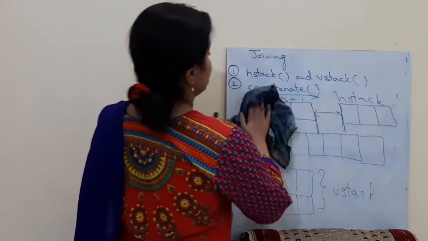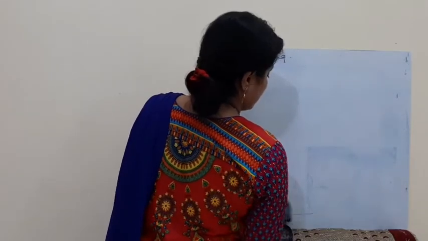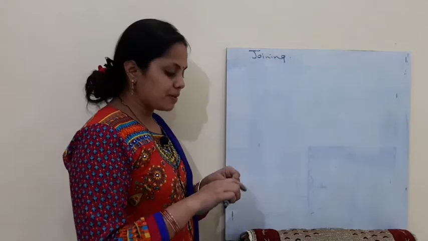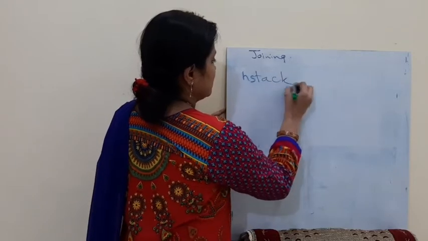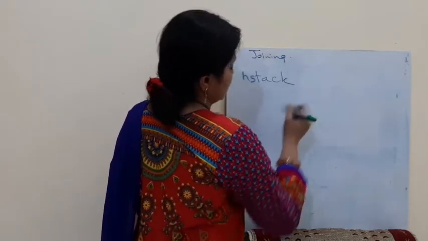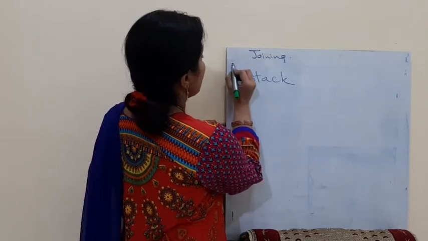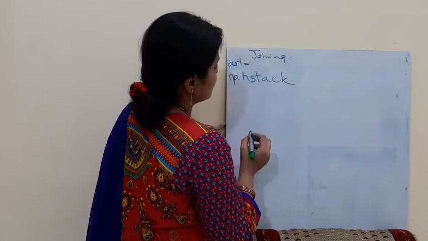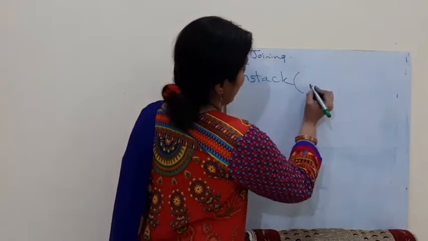So let's see the declaration, the definition of the functions, how to do it. As working with hstack and vstack is the same, I am taking the example of hstack. With the hstack function, the array name AR is equal to np.hstack, and then here I need to write the arrays.